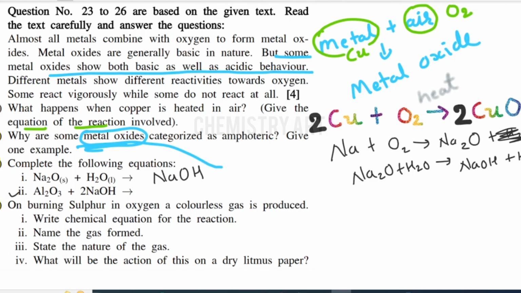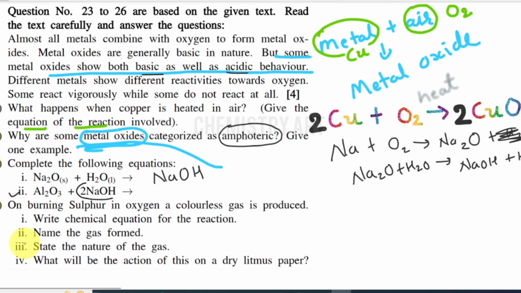Now the second reaction: aluminium oxide is reacting with NaOH. Just as I told you, aluminium oxide is an amphoteric oxide, and amphoteric oxide means a metal oxide which acts as acid as well as base, meaning it has both acidic as well as basic character.